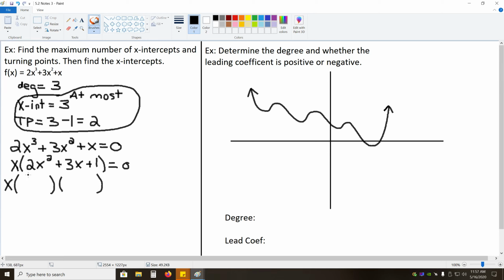We need 2 numbers that multiply to give us 2x squared, so we'll try 2x and x. We need 2 numbers that multiply to give us 1, that's 1 and 1. And we need the numbers to multiply to be positive and to add up to be positive, so they both have to be positive.